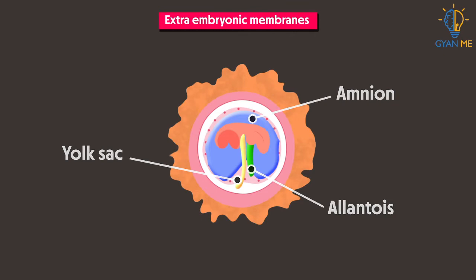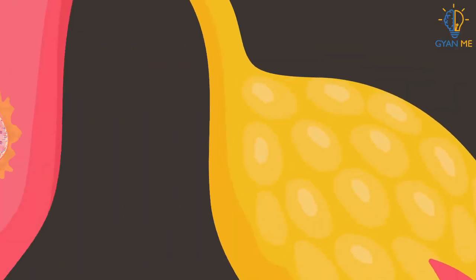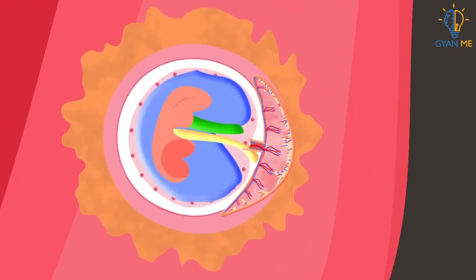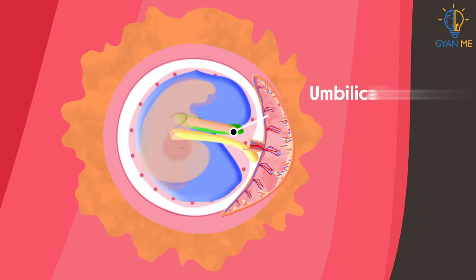Now the chorionic villi and the uterine tissue, that is tissues of the mother's uterus, jointly form a structural and functional unit between the developing embryo, called the fetus, and the maternal body. This structure is called the placenta. The umbilical cord then develops and connects the fetus to the placenta in the later stages.